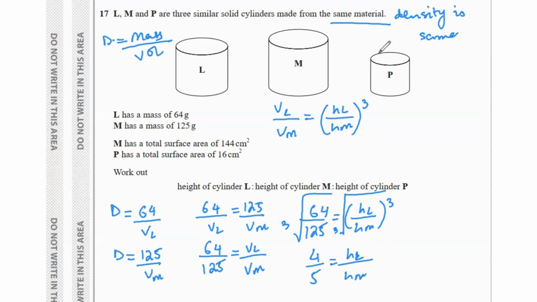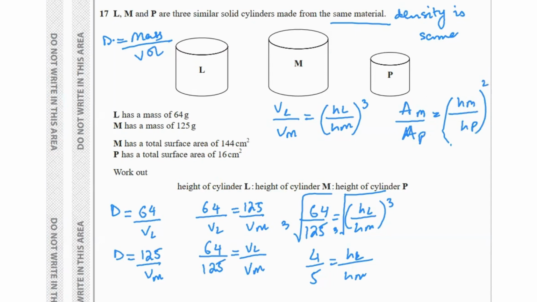Now, we need to figure out the ratio for P. So for M and P, they have given us the surface area. Using this same concept for similar shapes, we know that area of M over area of P is the same as HM over HP, being squared now.